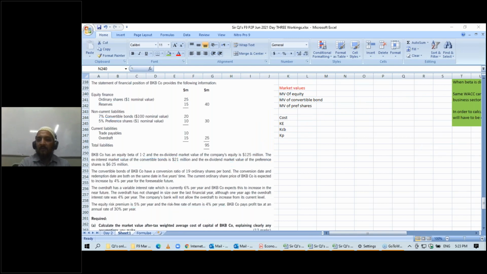So the market value of equity is 125 million, then 21 million convertible bonds, and then 6.25 million preference shares. This gives you 152.25 in total.